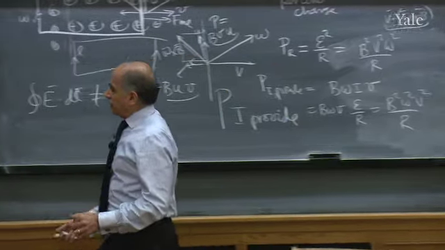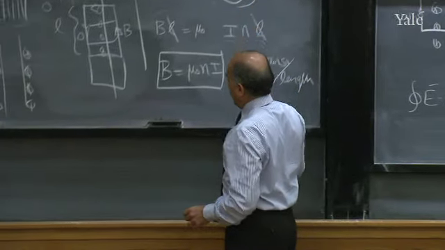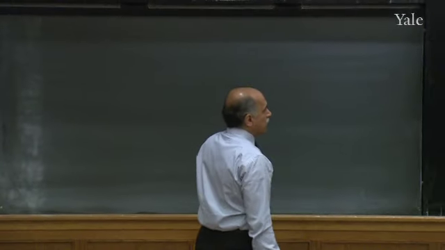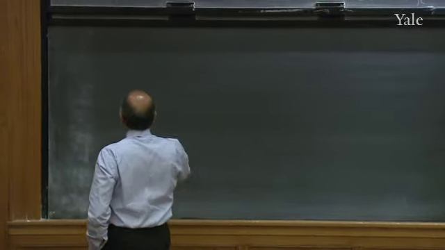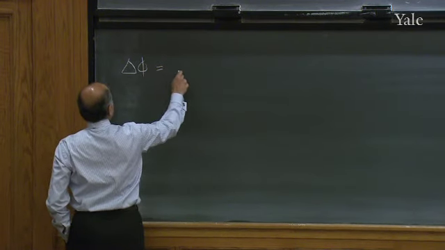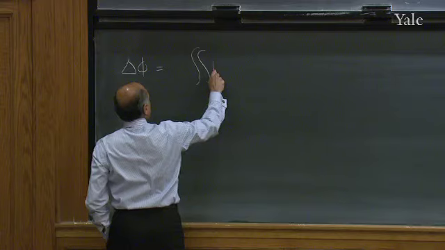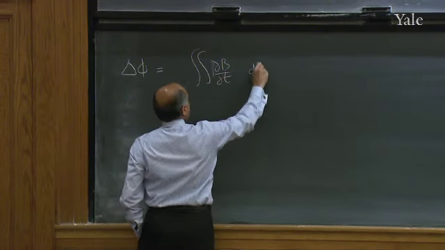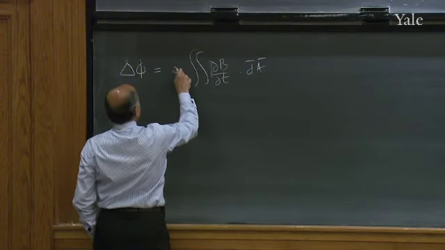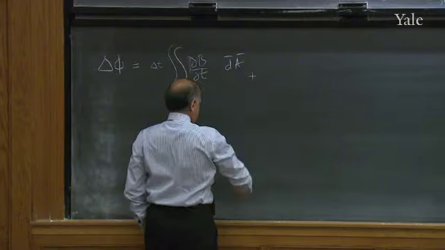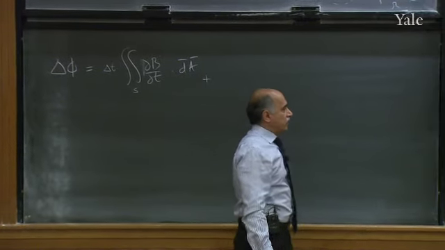So now I have to bring all that stuff over here. I'm going to say the change in phi is equal to dB/dt dot dA times delta t on the old surface, plus, here is the stuff we have to do that's extra.